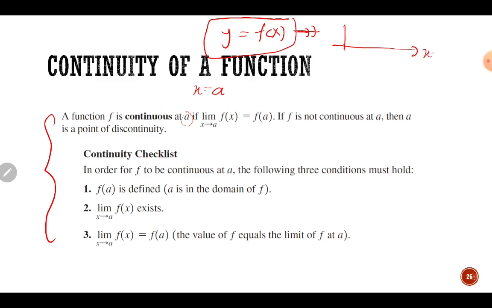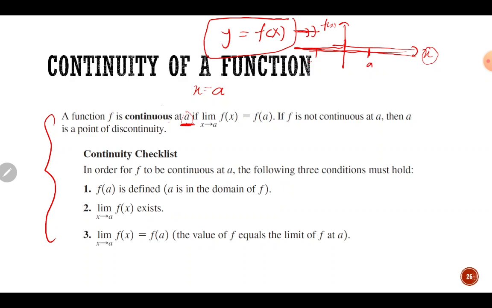When we have x kat sini, we have f(x). So the function ni, f(x) ni relies on x. Dan kat sini dia kata a function f is continuous at a. At a ni refers to at x equals to a. A ni boleh jadi kat mana-mana je lah. Okay, so it can be here ke because it's a variable, right?